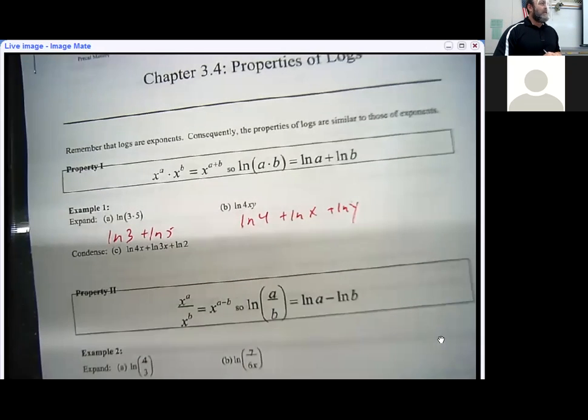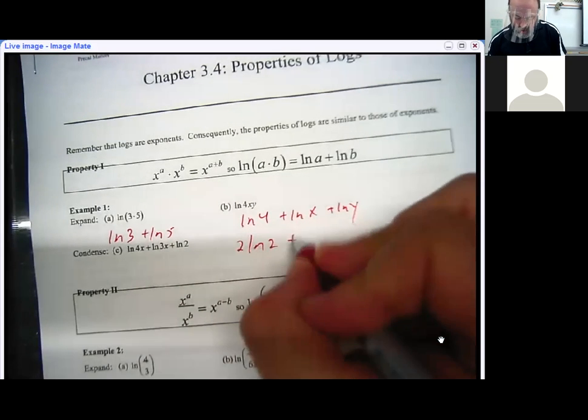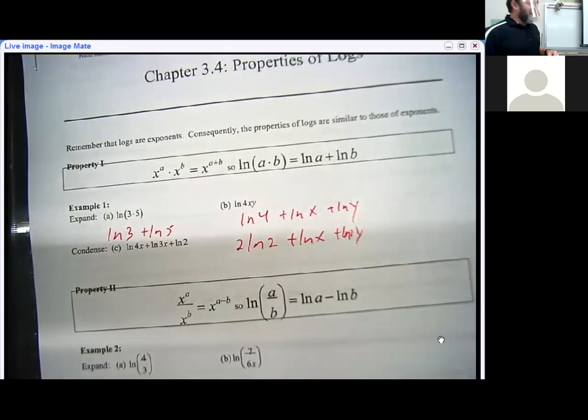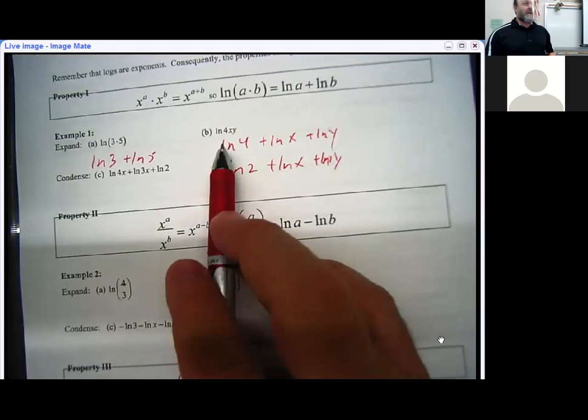But what's 4? Isn't 4 2 squared? Oh, but that third rule that I told you is if I had 2 squared, I could bring the 2 in front. So one of the things about this is it allows you to break things down into the smallest little increments possible. That's pretty simple. But sometimes it really, really helps to tear things apart.